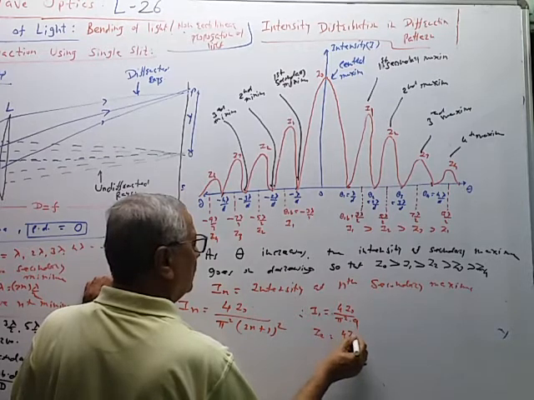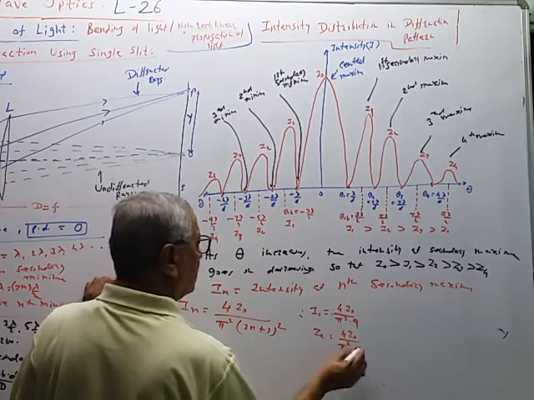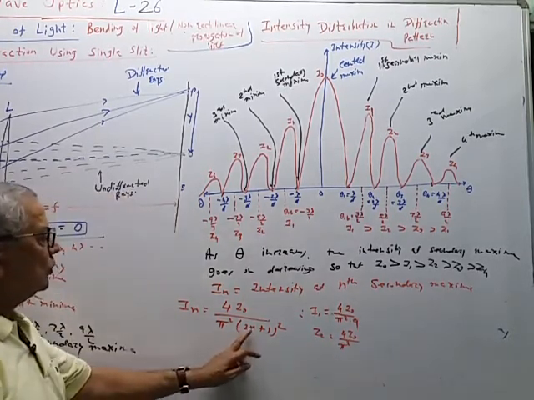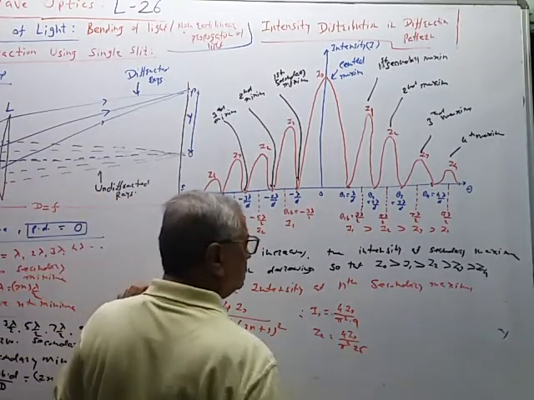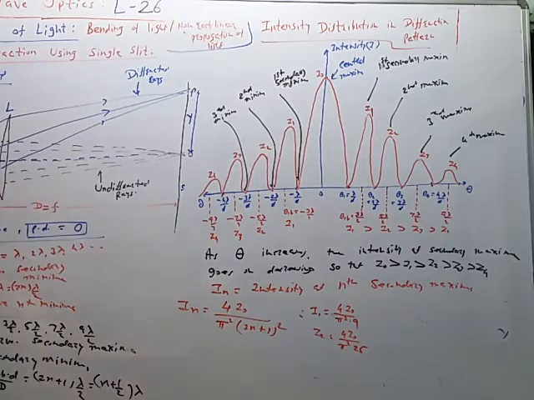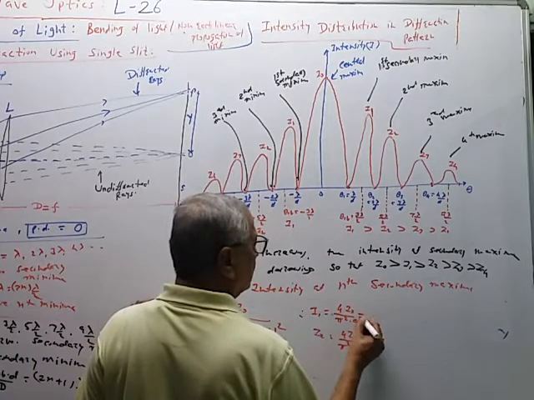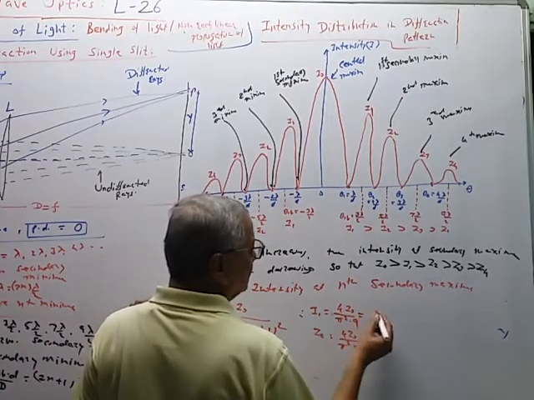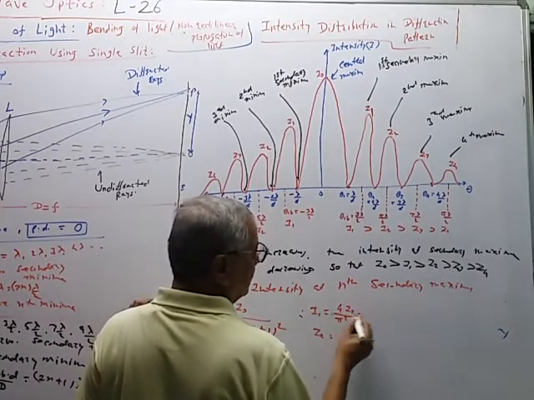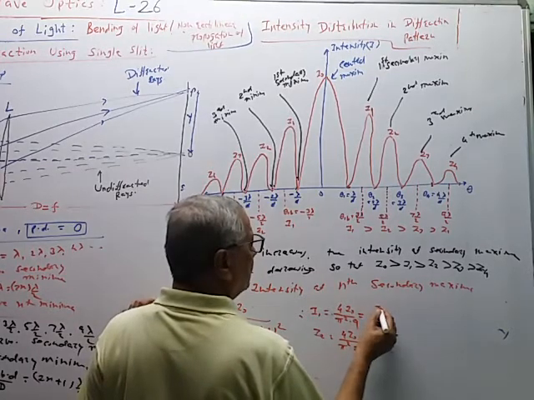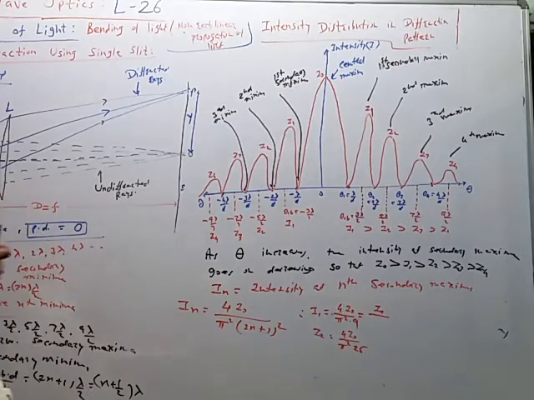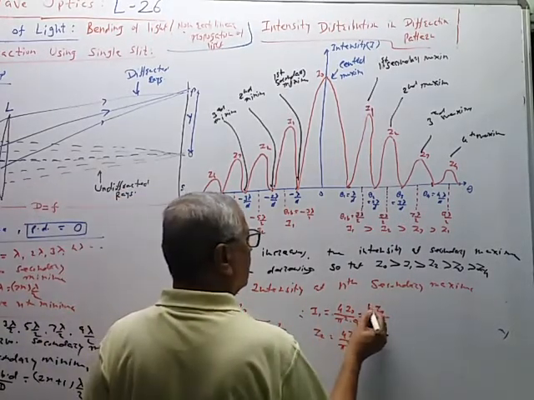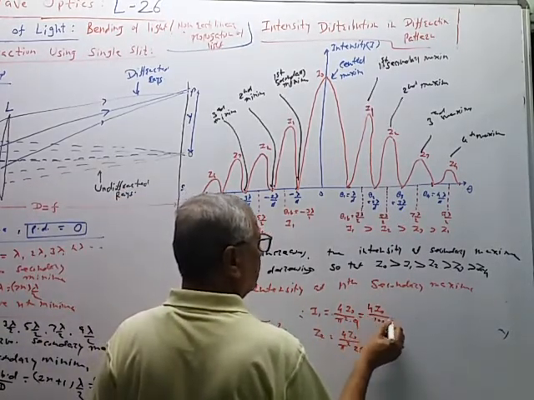I2 is equal to 4 times I0 upon pi square into, here n is 2, so 2 into 2 is 4, 4 plus 1 is 5, 5 squared is 25. Now pi square is nearly 9.87, nearly 10. So this is equal to 4 times I0 upon nearly 100.